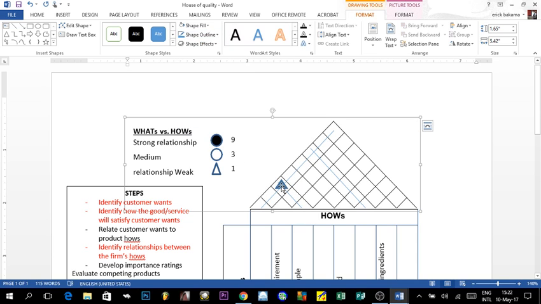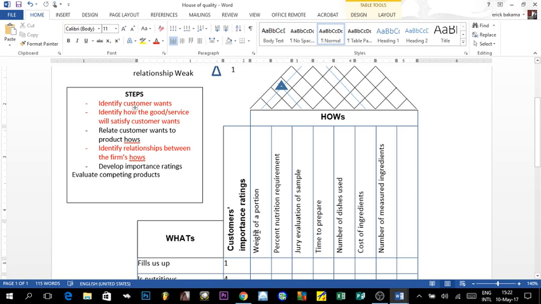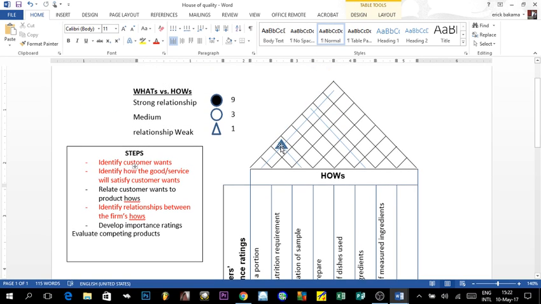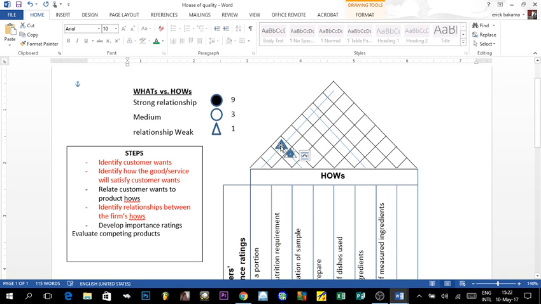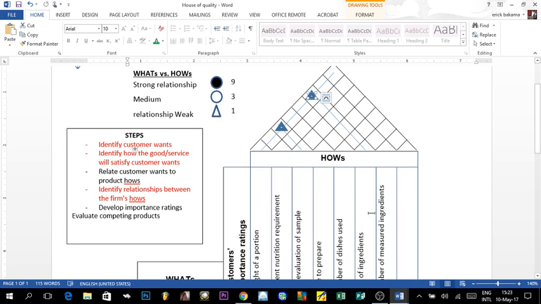Yeah, let's just put it like this. So this is the part where the weight of proportion meets the jury of evaluation of sample, and the relationship is low. That's why we use that triangle. The same applies to the weight with the cost of ingredient, which is this part here. So we have our two triangles already.